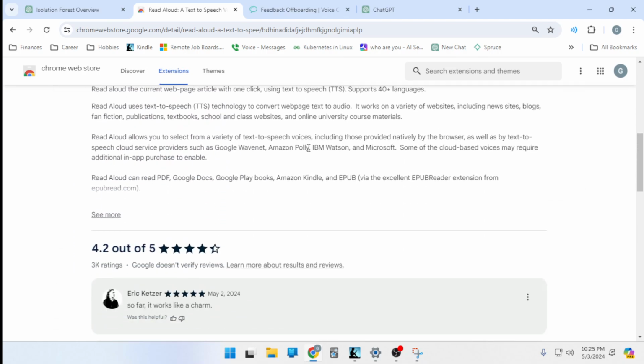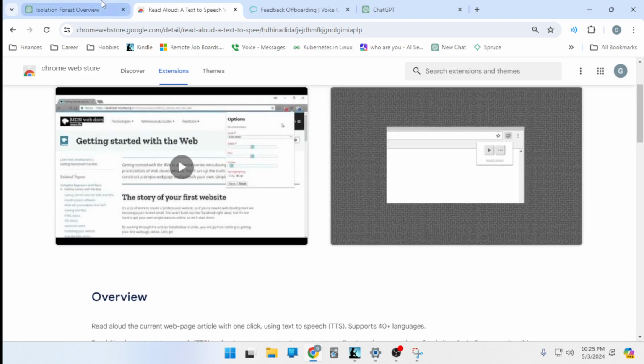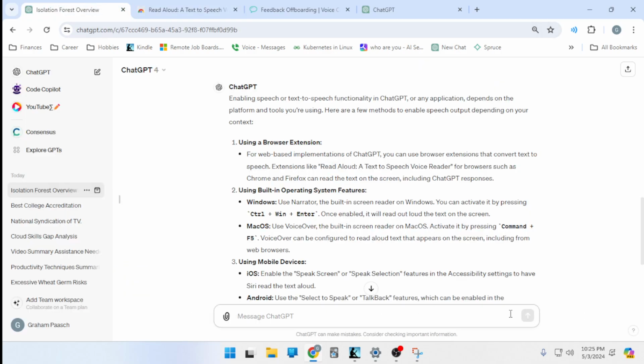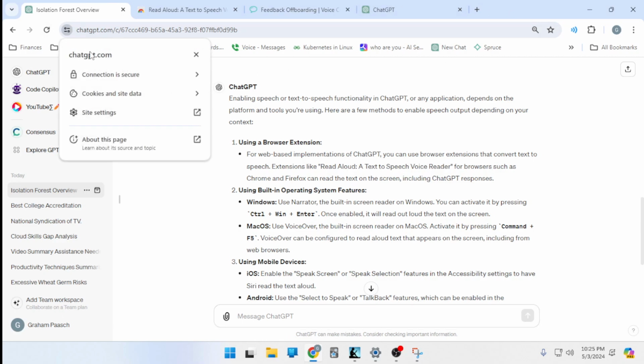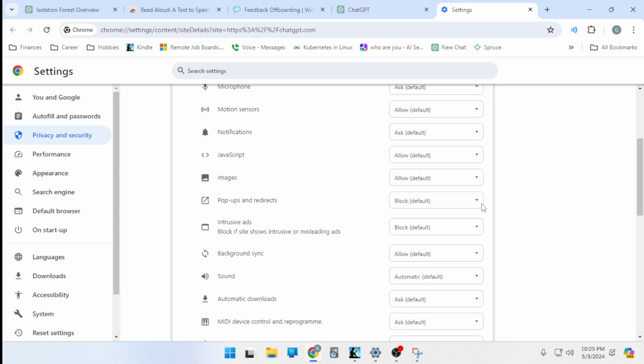Okay, so now we have an extension here that will read text out loud. But what I really need is an extension that will take in input from my microphone. So one of the things I might be able to do is change the site settings to allow input.